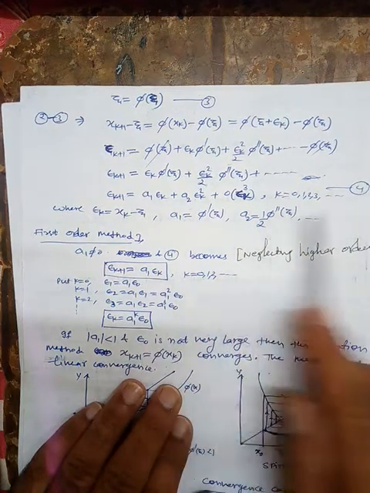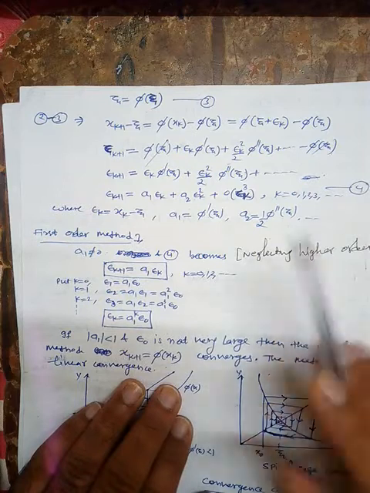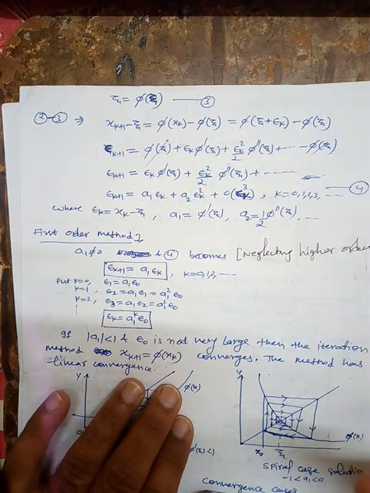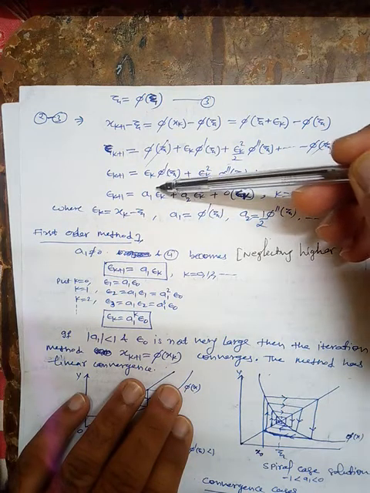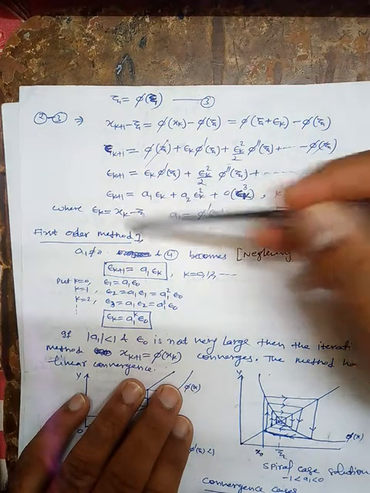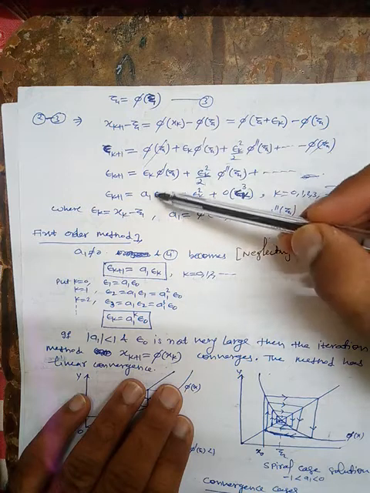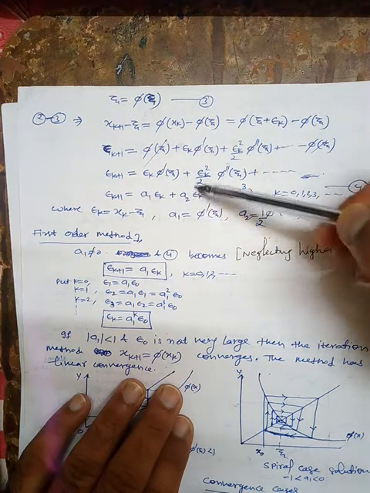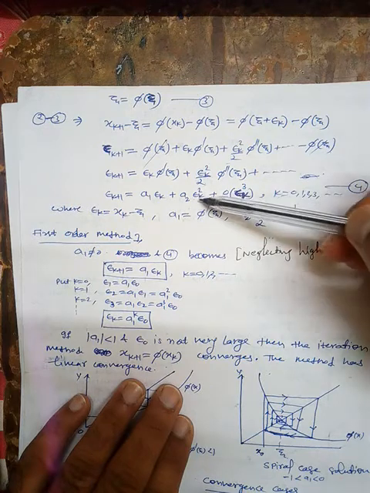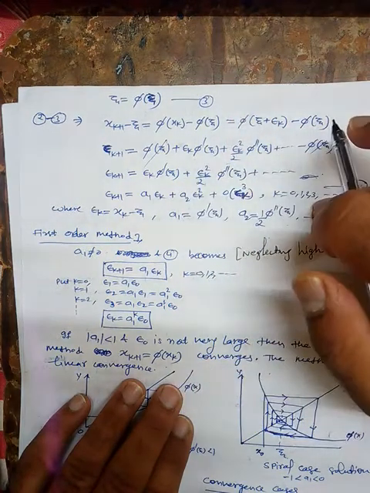So now with the help of this equation you can make a number of methods. Actually this is the error equation. So if you want to make a linear method, then a2 will be 0, because for linearity, a2 and higher order terms will be 0.